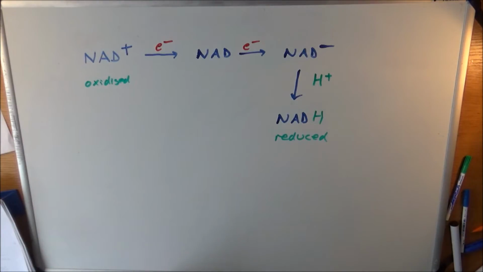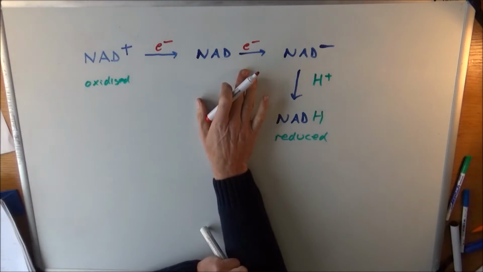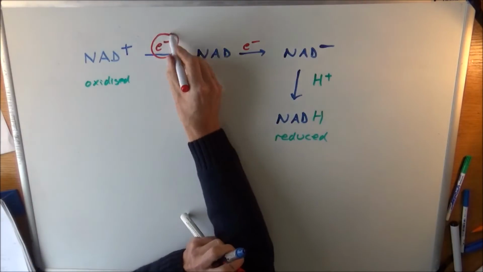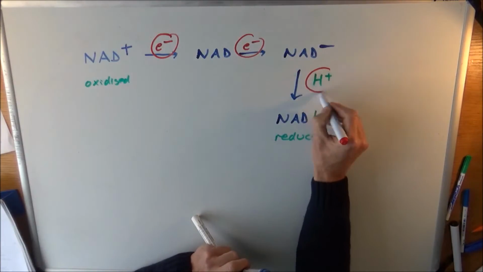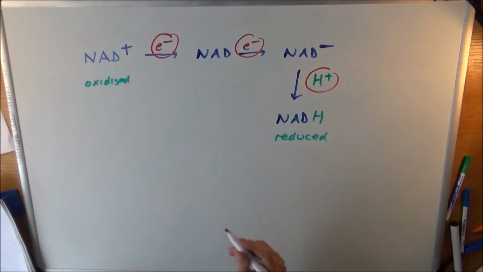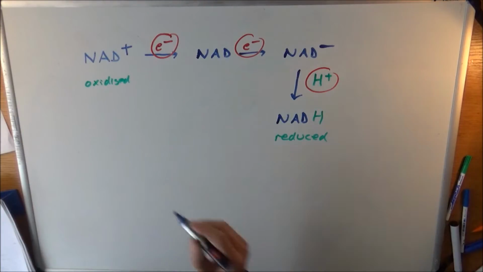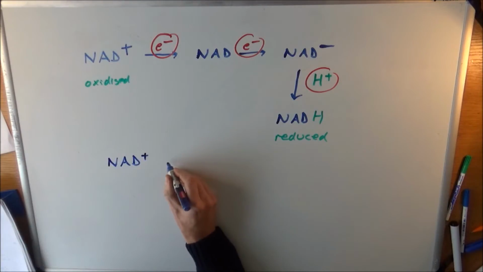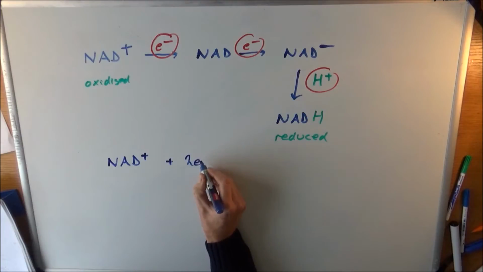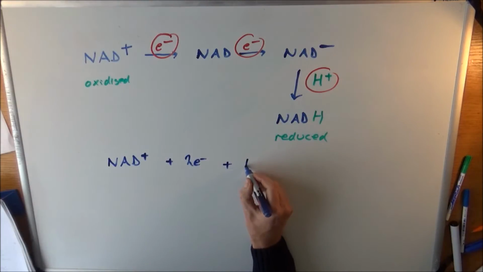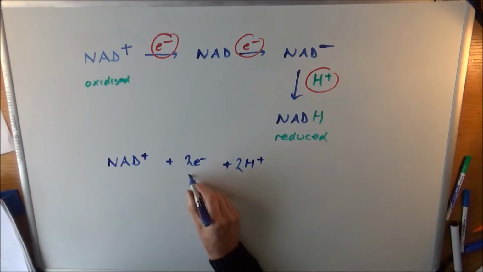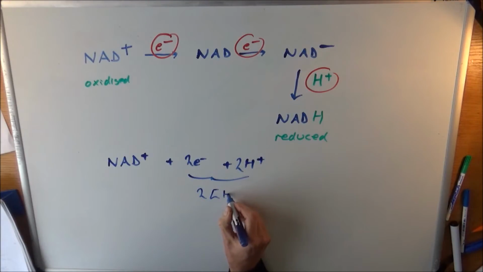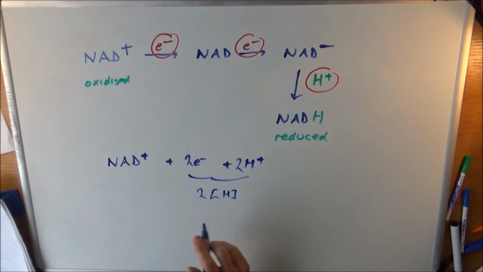But if we now look at what's happening, what have we given to this NAD when we've reduced it? It's a reduction reaction because we're giving it electrons. So we've given it 2 electrons plus 1 H plus. If we write this down as an equation, we've got NAD plus, we're going to give it 2 electrons, and 2 protons, because in 2 hydrogen atoms you've got 2 electrons and 2 protons.